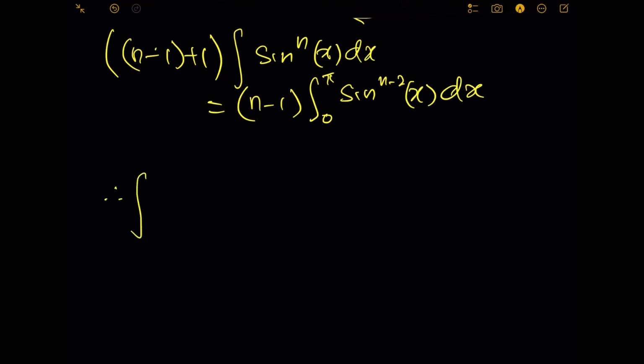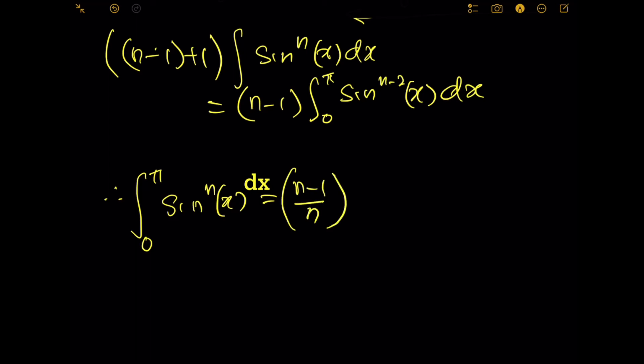Conclusion, this is a general equation for integration of sine power nx, which is equal to n minus 1 divided by n, here is just n, multiply integral 0 to pi sine power n minus 2x dx. This equation gives us a recursion. For example, to find sine power 9, you need sine power 7 and so on.